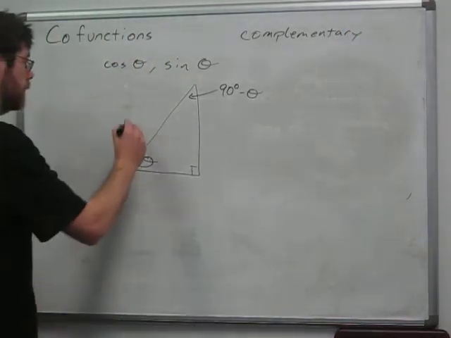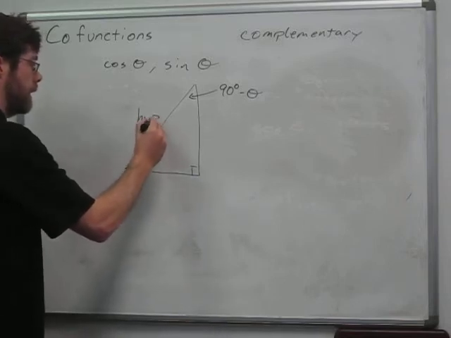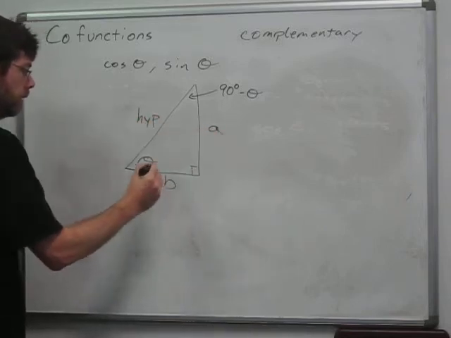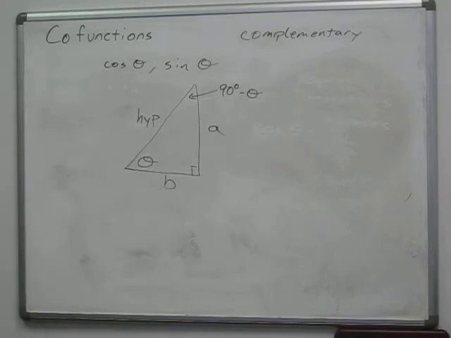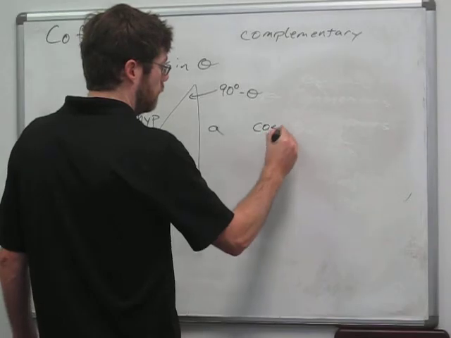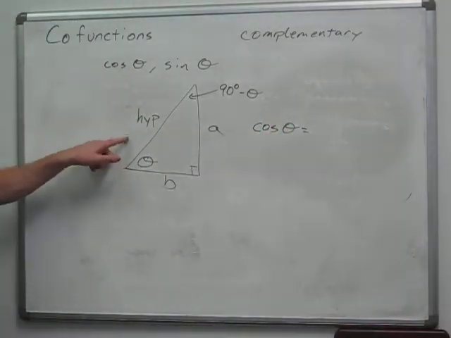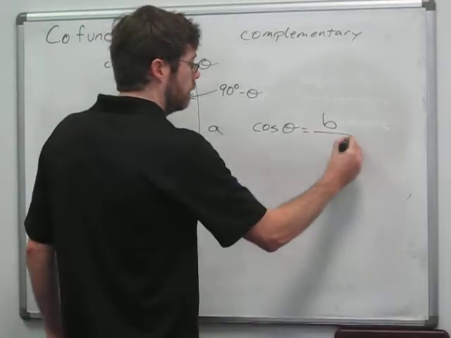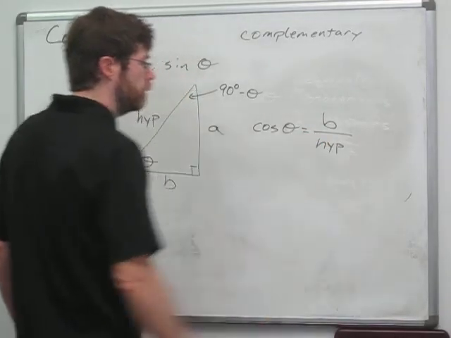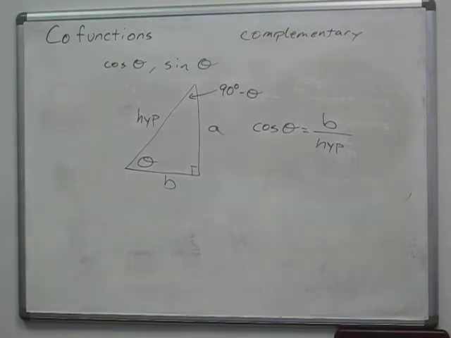So let's label some of these sides. Let's just call this the hypotenuse, A and B, right? So as far as theta is concerned, the cosine of theta, the adjacent over the hypotenuse, is B over the hypotenuse there.